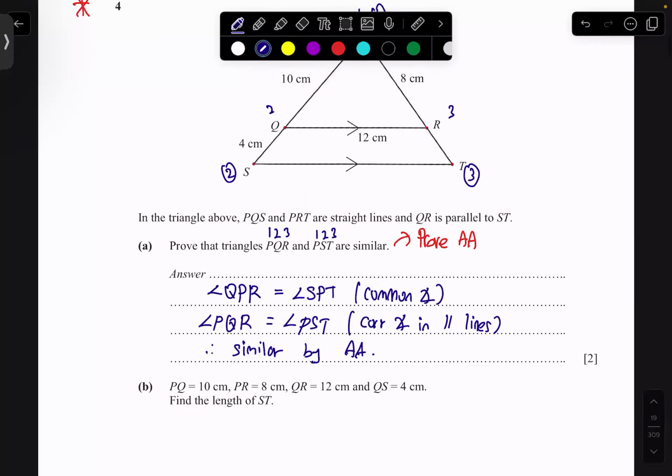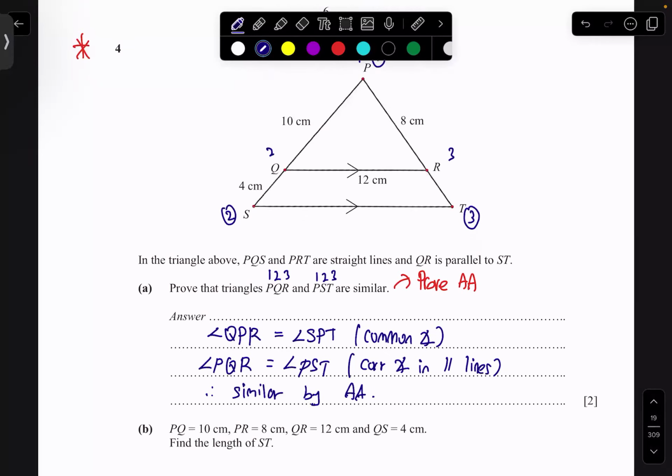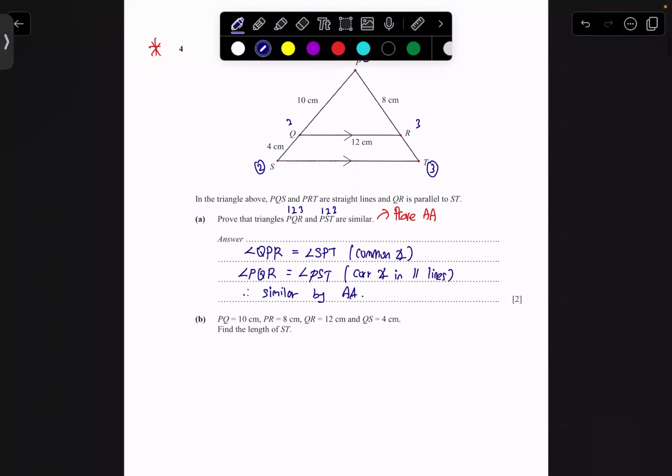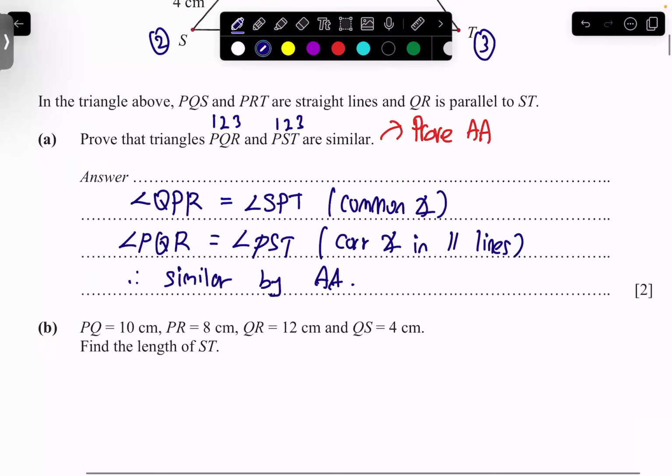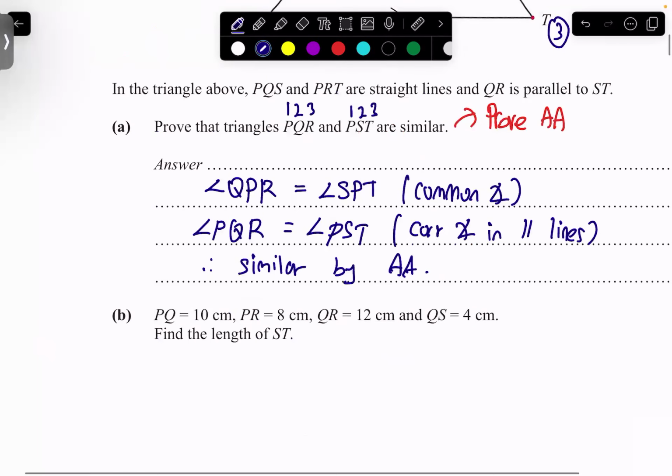PQ equals to 10, PR equals to 8, QR equals to 12, QS equals to 4. Find the length of ST. For this kind of question, I also make use of the 1, 2, 3, but this time around, I'm going to write 3 sets of ratio for a clear view. Because similar triangles mean that the ratio of the triangles must be the same.